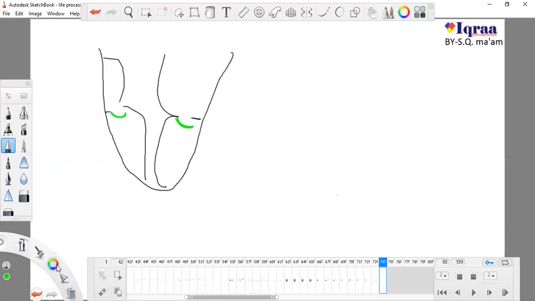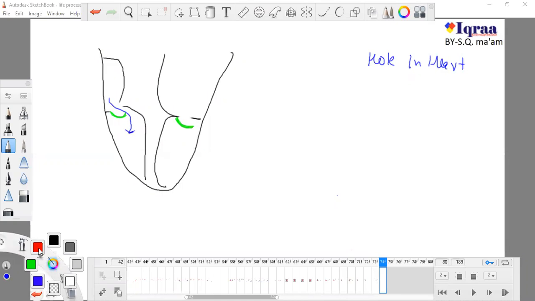Listen carefully. If you have heard about a disease in which someone is having a hole in the heart, it sometimes sounds like dil mein ched. So what is the meaning of this? The blood is coming this way, and the blood is coming in this way.